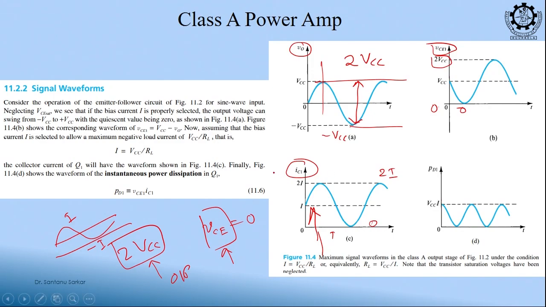So, this IC can go from 0 to twice I. And this is the power dissipation. The maximum power dissipation is VCE into I.